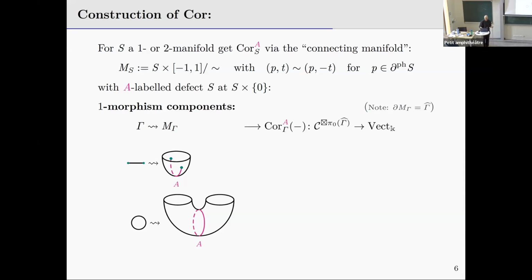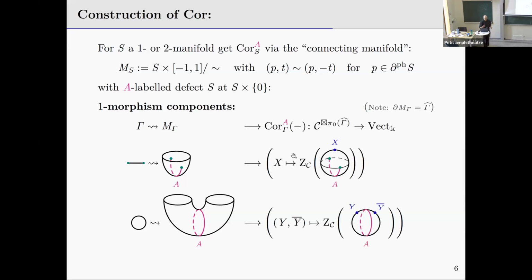Okay, now the question is, how do you get the left exact functor out of this? Well, you do essentially the same thing as you did for the modular functor. So you again just cap this off and evaluate it with the TFT.